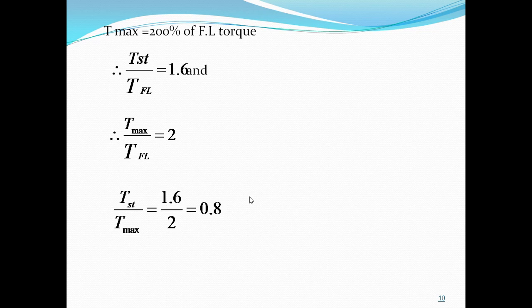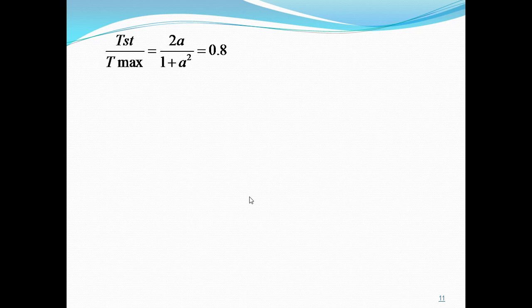That is 2a by a square plus 1. So this is T starting by T maximum, and equate to that, 2a by 1 plus a square.